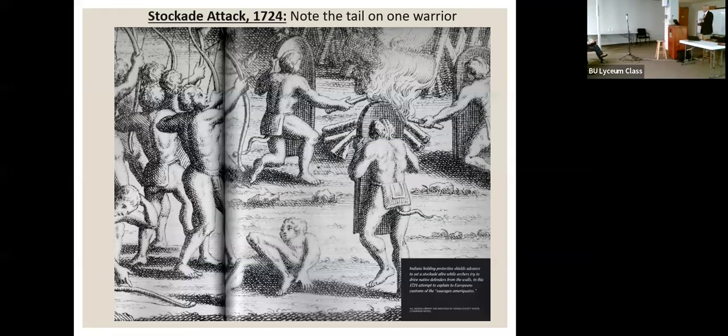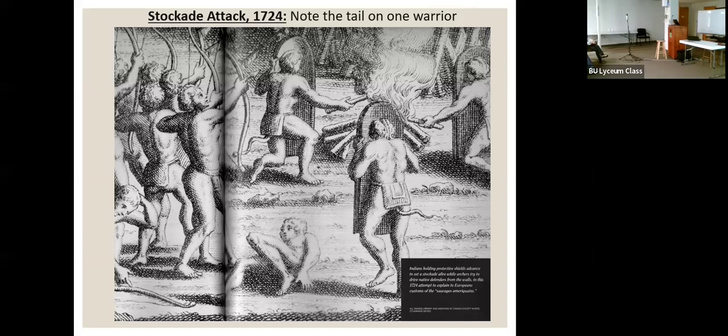Now, I showed this for the following reason. First is that even in 1724, this depiction shows the Native Americans to be as we have interpreted them to be for the whole time that we've been in North America, from 1608 on and so on. But I want to point out something else.